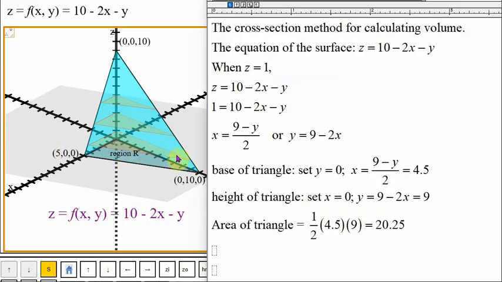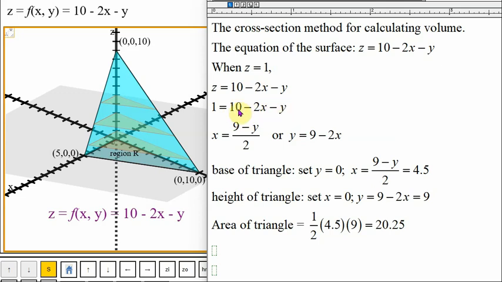Now let's find the area of the triangle when z is 1, so this cross-section right here. When z is 1, we get 1 equals 10 minus 2x minus y.